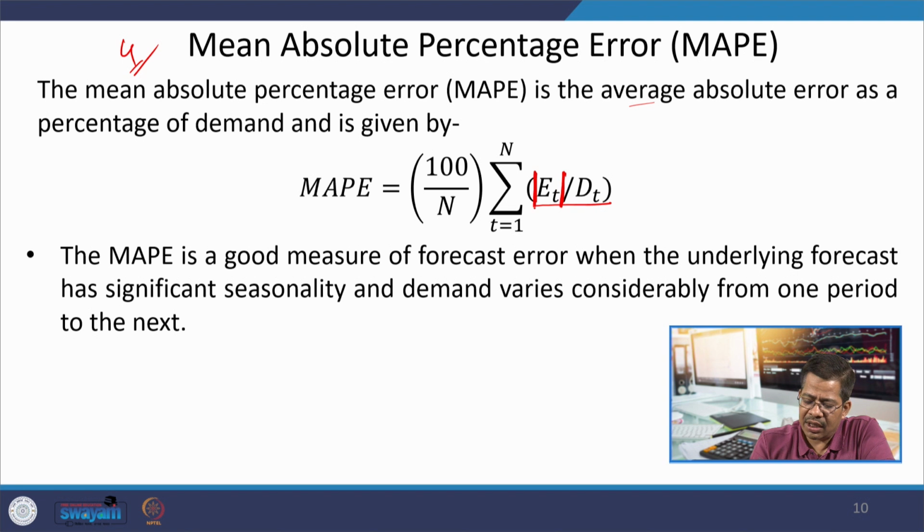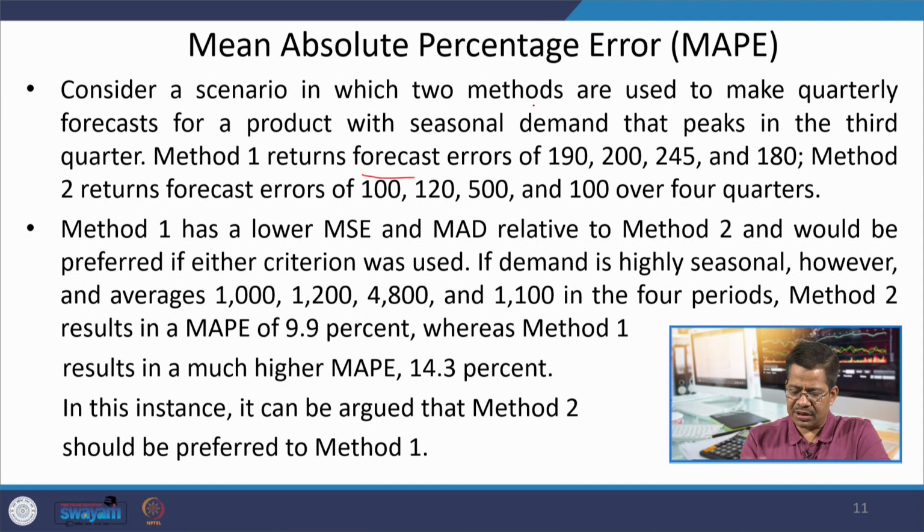That is why we call it mean absolute percentage error. And we have some data with us, and with the help of the data, one method is giving the forecasting errors of these values.